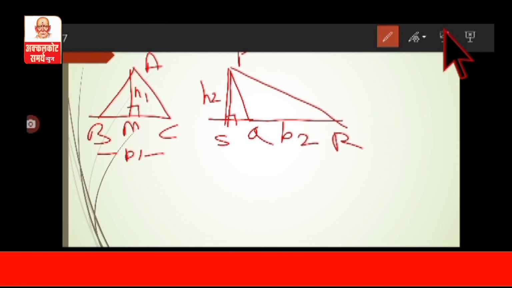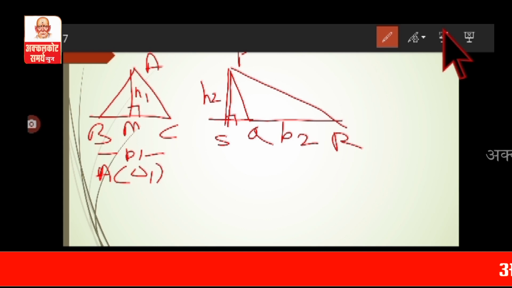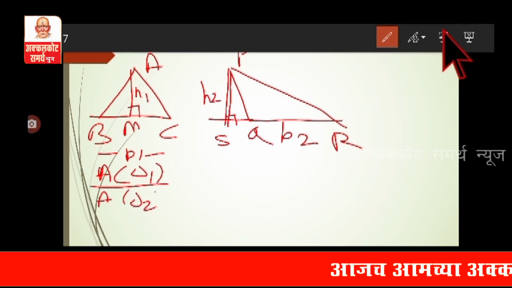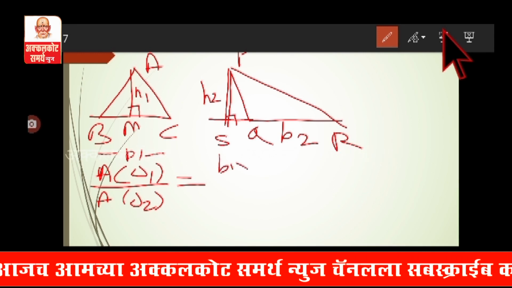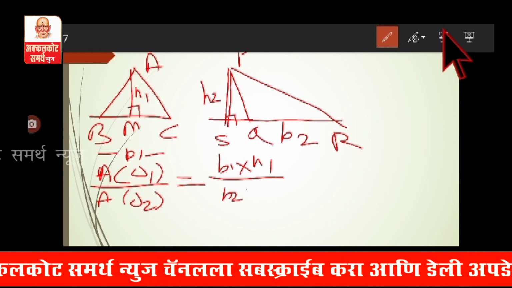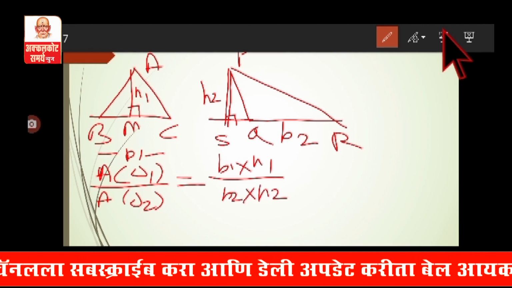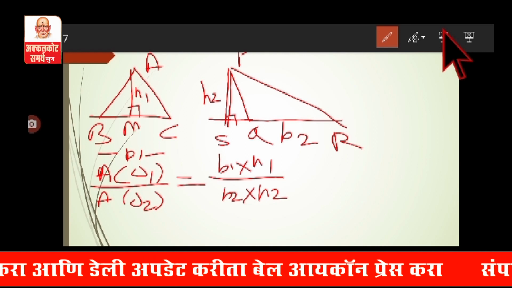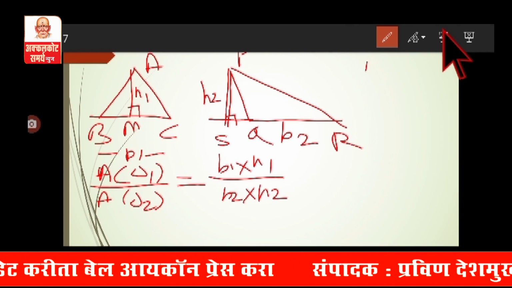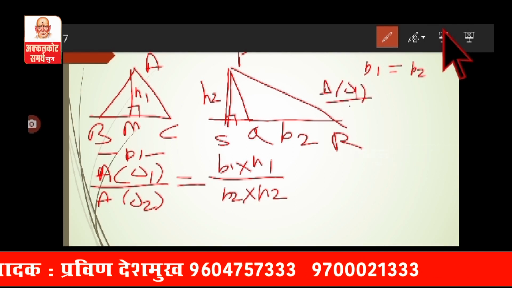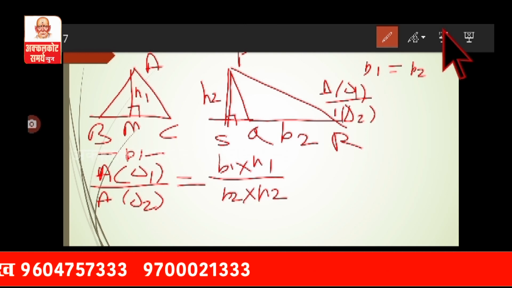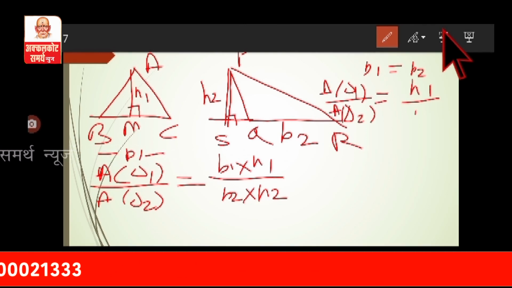Then see, if heights and bases are different, suppose this is the first triangle ABC, then the ratio of areas of any two triangles with different heights and different bases will be B1 into H1 over B2 into H2. But if the bases are equal, meaning B1 is equal to B2, then this ratio becomes height over height.